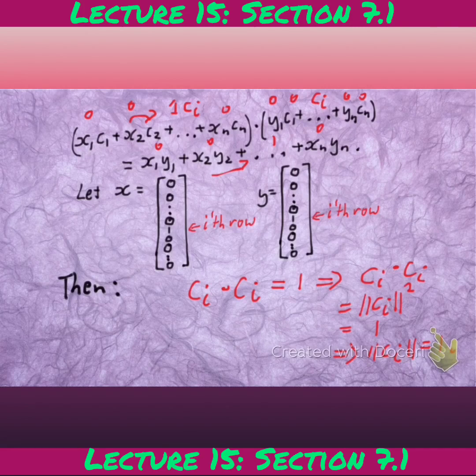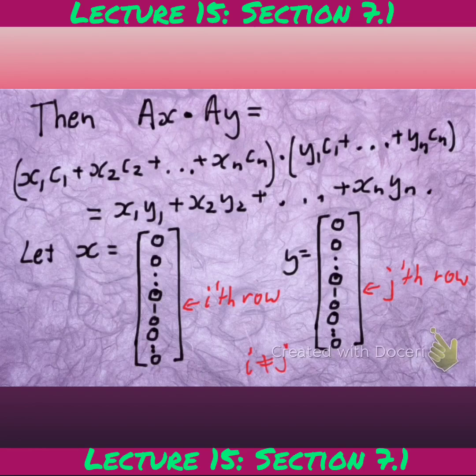You can do this argument for every column, so the norm of every column is 1, and what else? Now we need to look at the cross terms.